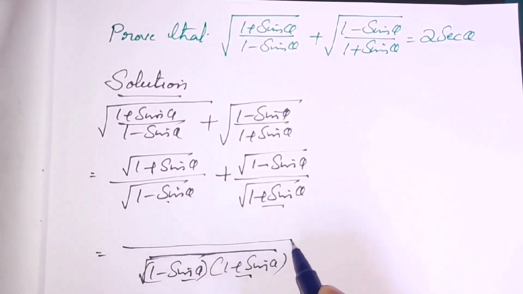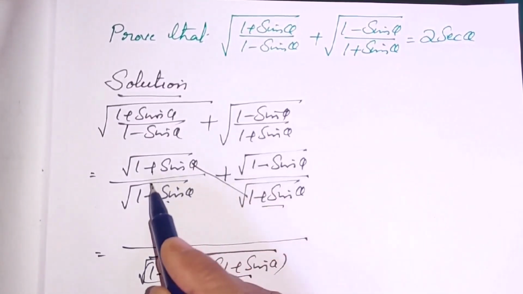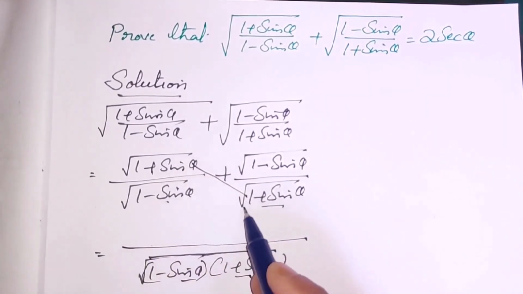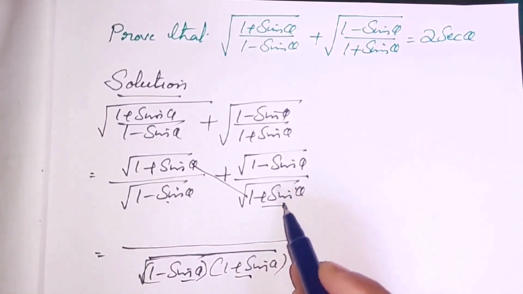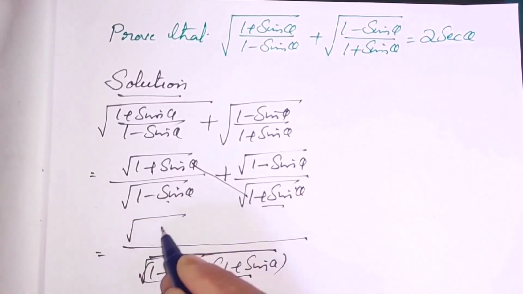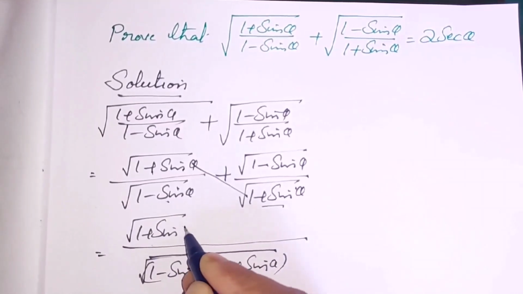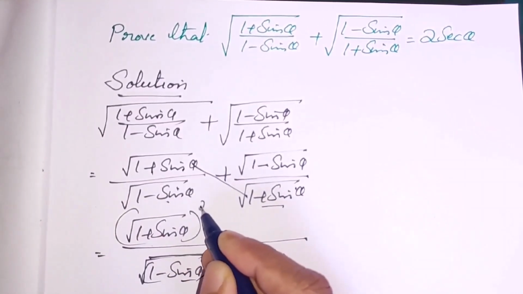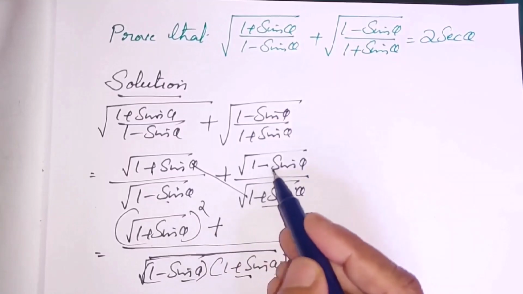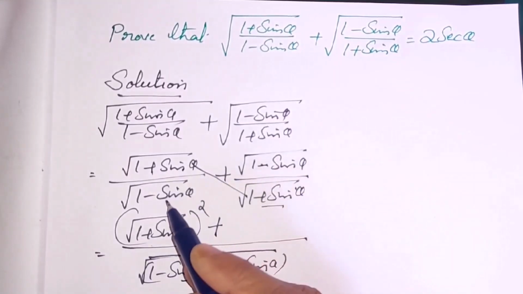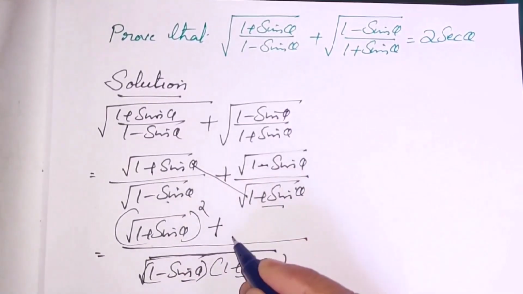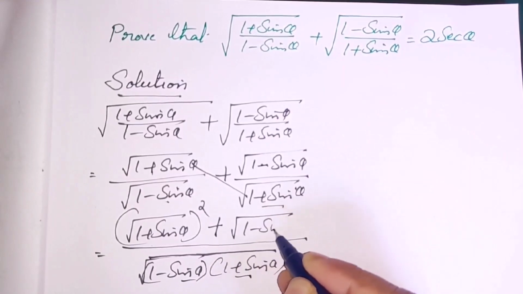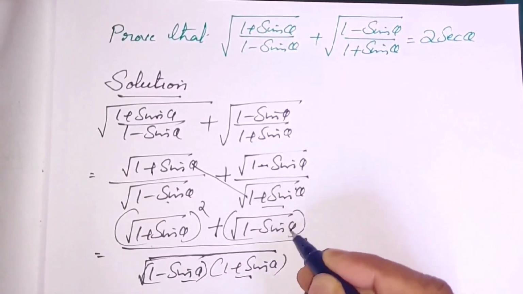Now on the numerator, cross multiplication. Root of 1 plus sin theta into square root of 1 plus sin theta, that is square root of 1 plus sin theta whole square, plus root of 1 minus sin theta into root of 1 minus sin theta, that is equal to square root of 1 minus sin theta whole square.